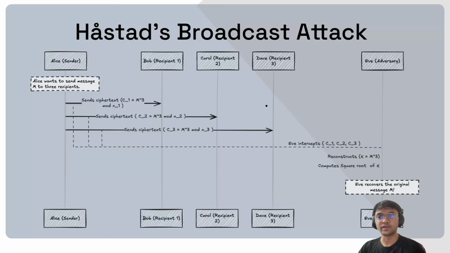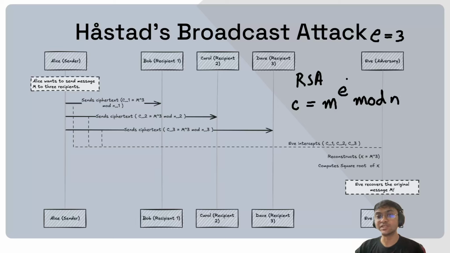Håstad's broadcast attack is a type of low exponent attack where the exponent e, the public exponent, is usually chosen as 3 or some other low value. For a quick recap, in the RSA cryptosystem, if we want to encrypt a message, we compute C, the ciphertext, as m raised to e mod n.